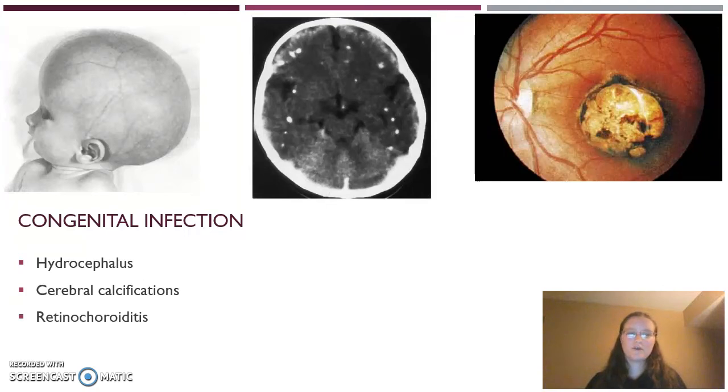And then retinochoroiditis, which is when it enters the eye and causes lesions of the eye, which usually lead to blindness or at least vision problems. Normally this is very dangerous for the child, and unless the symptoms are mild, the child will probably die. Sometimes abortion will happen before birth, and sometimes the child will be born and then die afterwards.